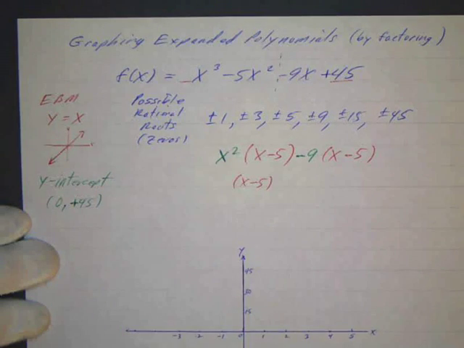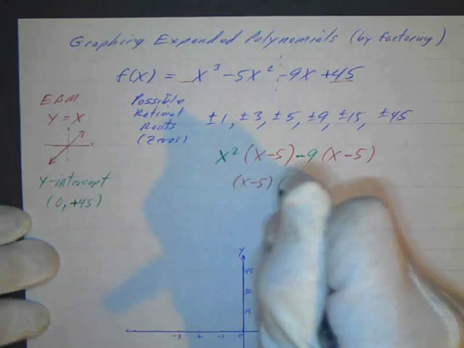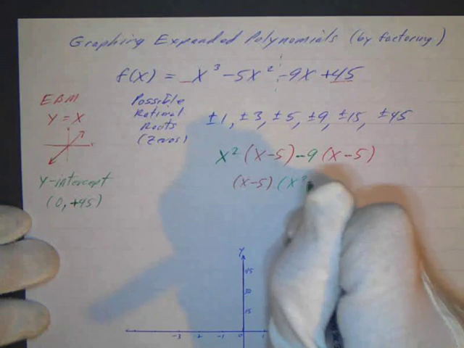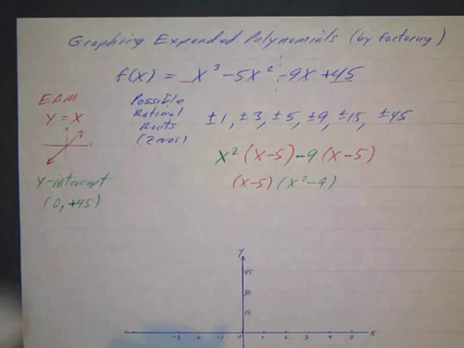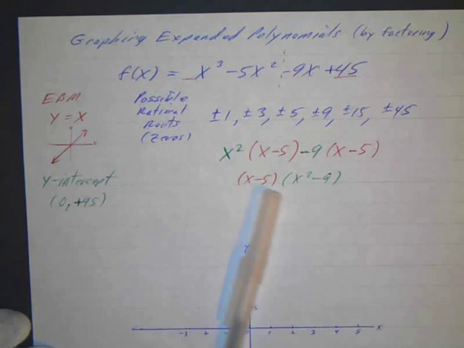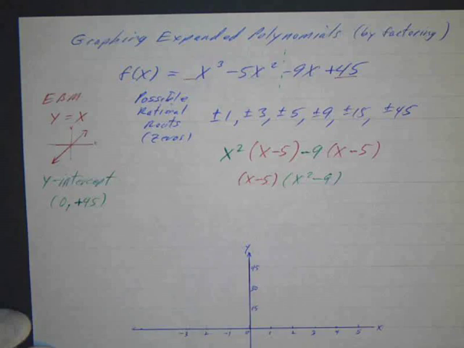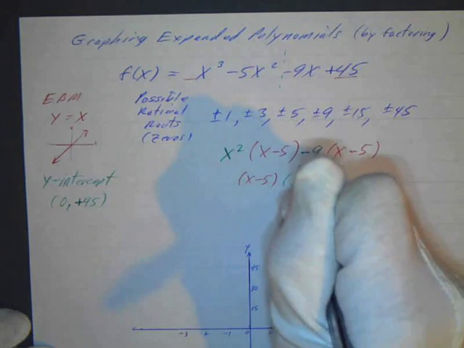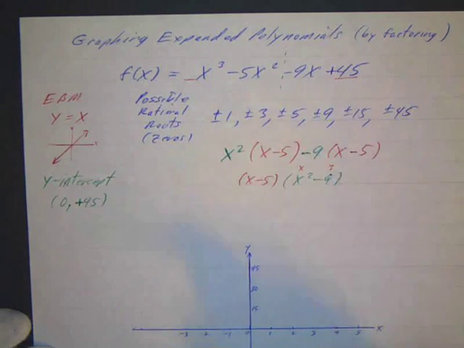And what's left is x squared minus 9. Except this is a difference of perfect squares, so I can factor this again. What's the square root of x squared? x. What's the square root of 9? 3. So that's just going to factor to be the product of the sum and difference of these little numbers.